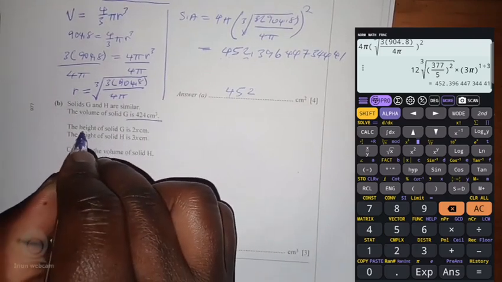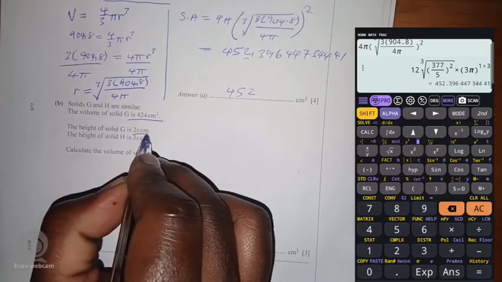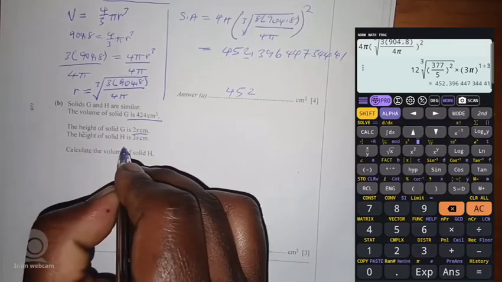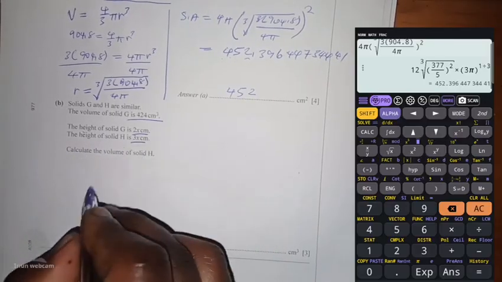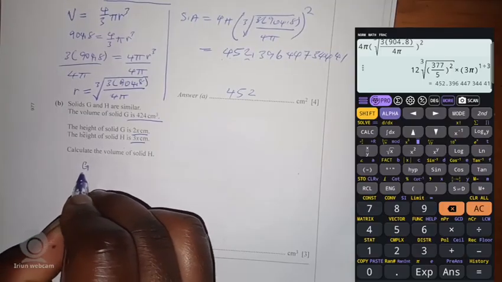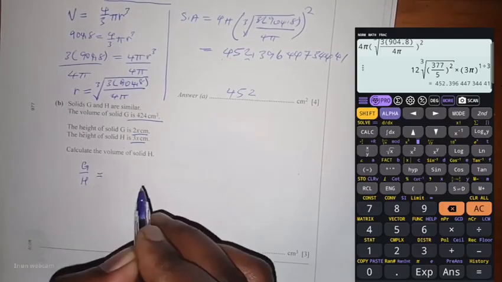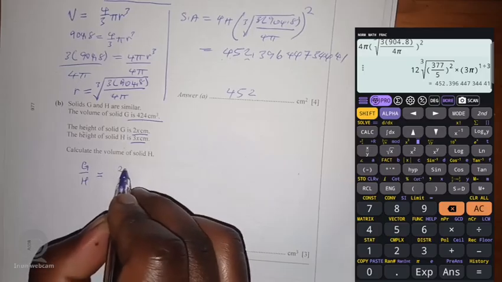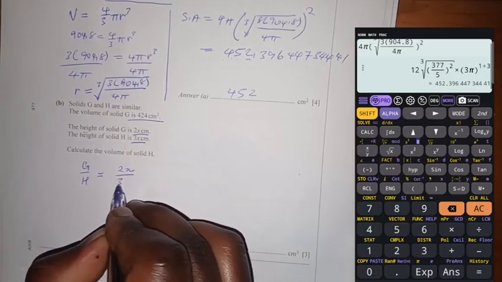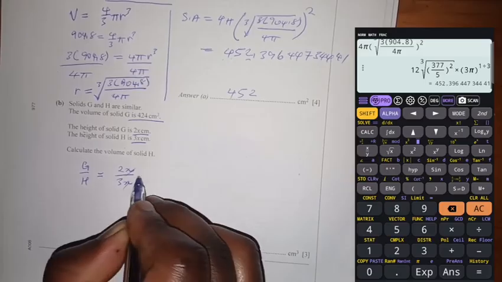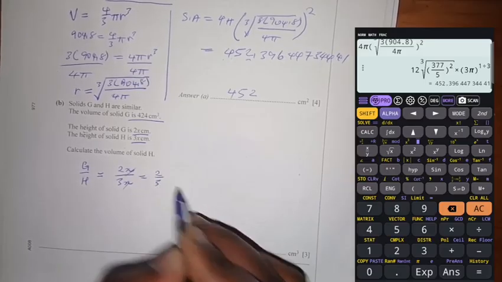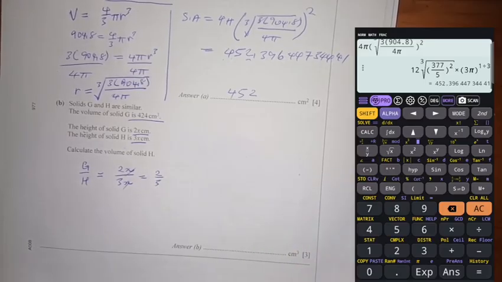The height of solid G is 2x. Then the height of solid H is this one. So if we were to say G over H, the scale factor is 2x over 3x. Now x cancels x, then this is 2 over 3. That's their linear scale factor.